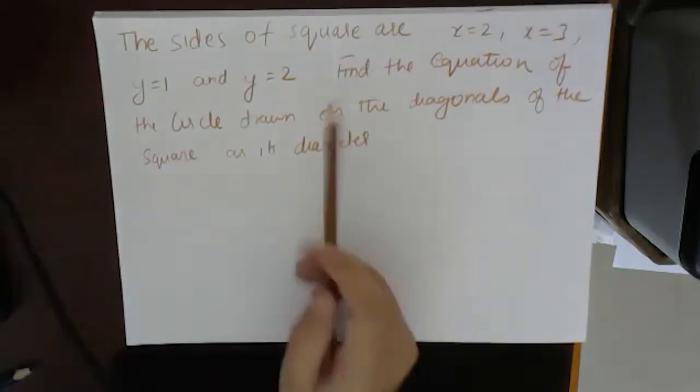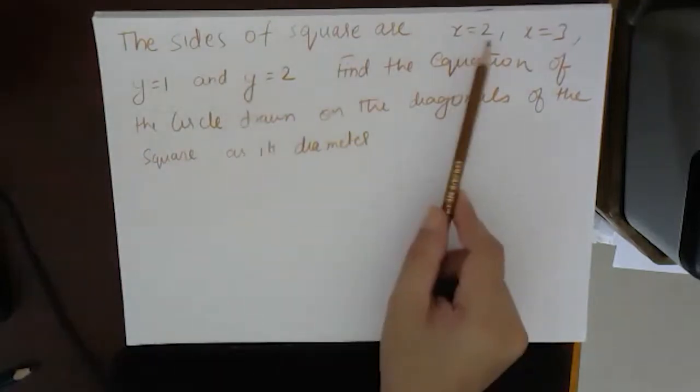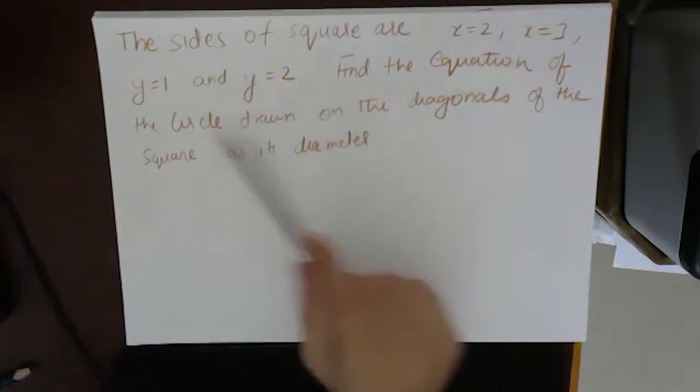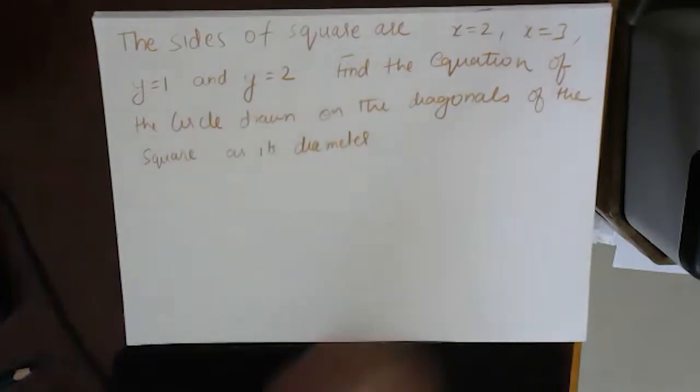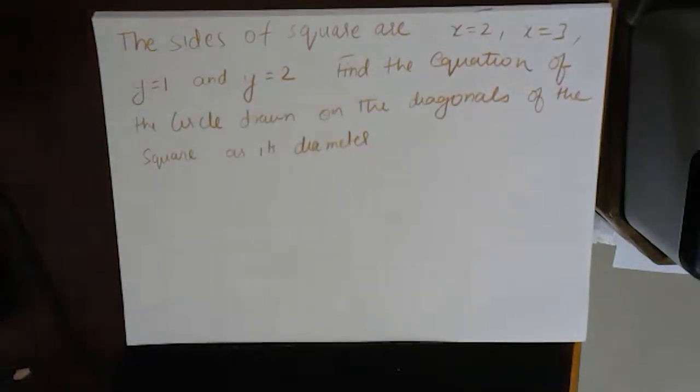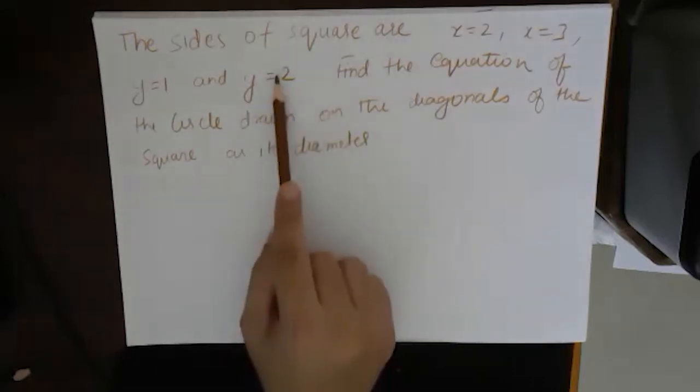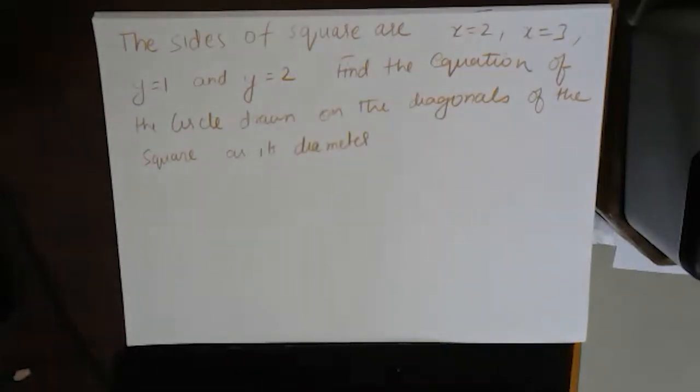So what they have given is the four sides of the square: x equals 2, x equals 3, y equals 1, and y equals 2. They are saying that if we draw the diagonal of the square and take it as a diameter, then you have to find the equation of the circle drawn using the diagonal of the square. Okay, solve this.